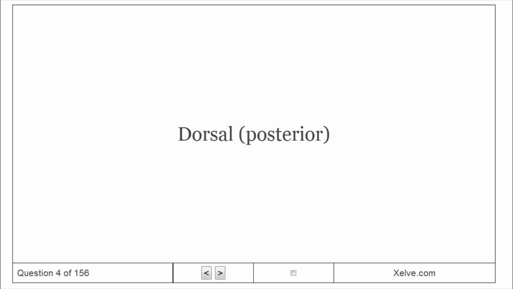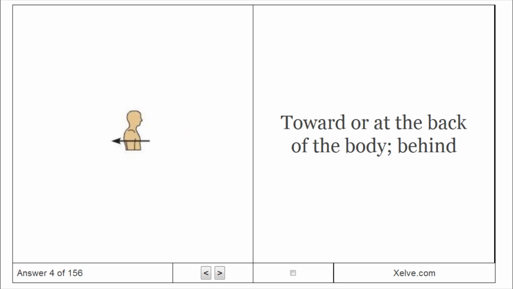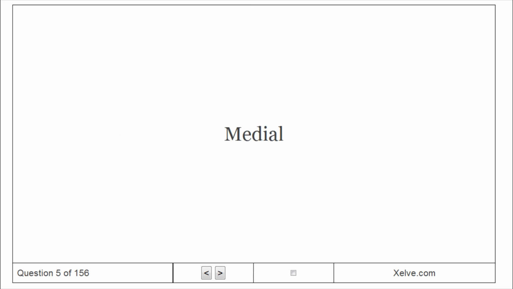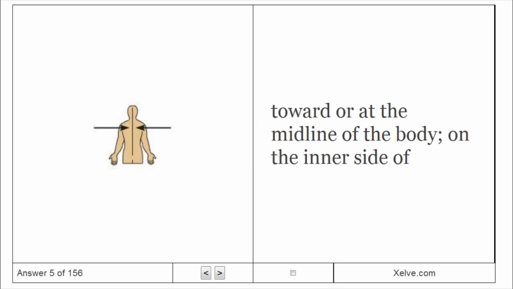Dorsal, posterior: toward or at the back of the body, behind. Medial: toward or at the midline of the body, on the inner side of.